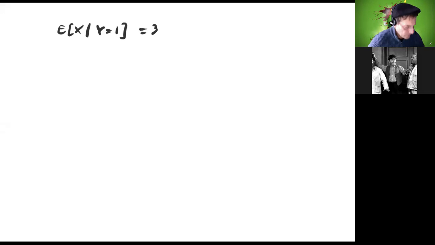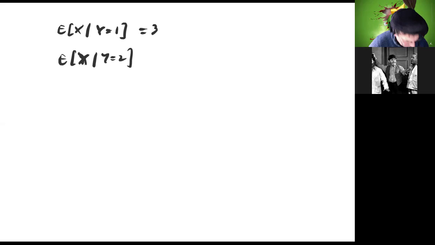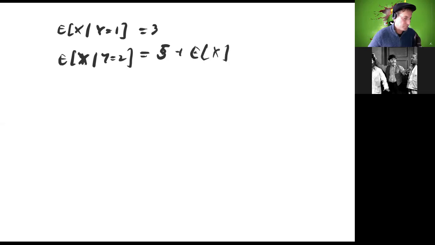Now the expected value of x given that he chooses tunnel 2 initially: he takes tunnel 2, which takes him 5 hours, then he's back to where he started, where the expected time to safety is the expected value of x again.